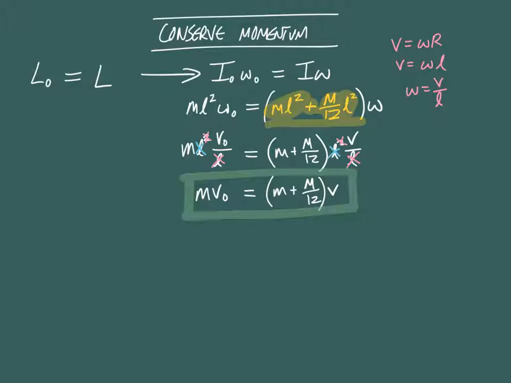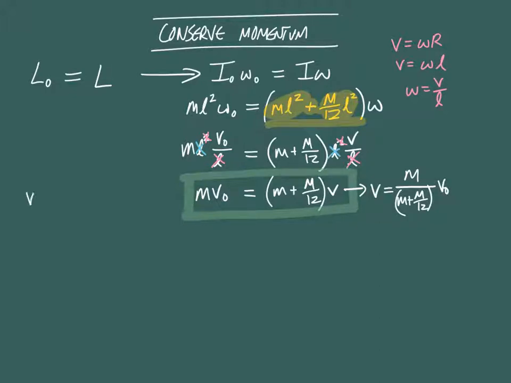And so what we would get is we do know the initial speed. We're given that in the problem. So that means our final speed is going to be m over this weird sum of masses times the initial speed.